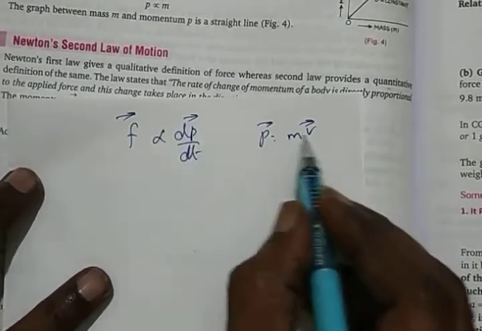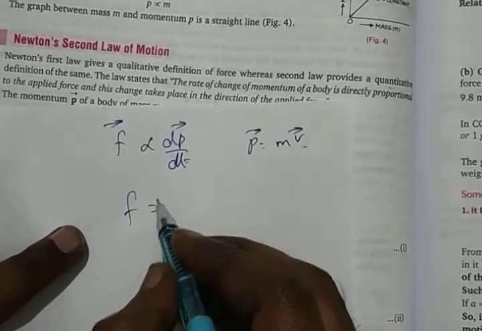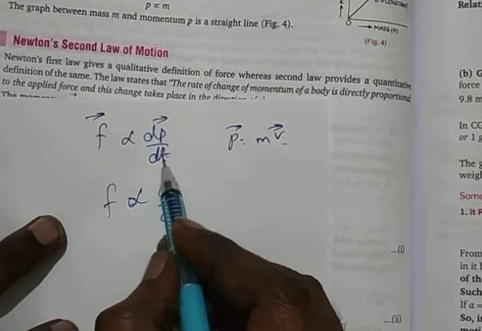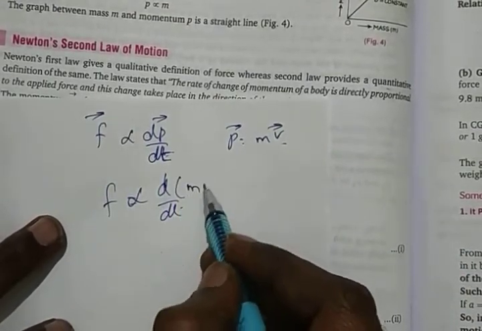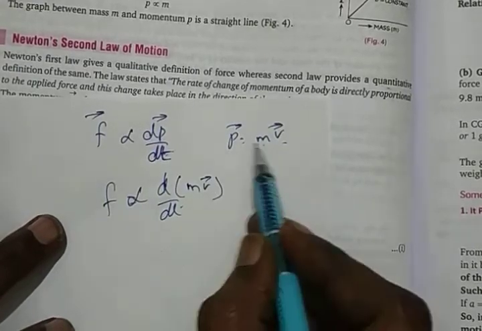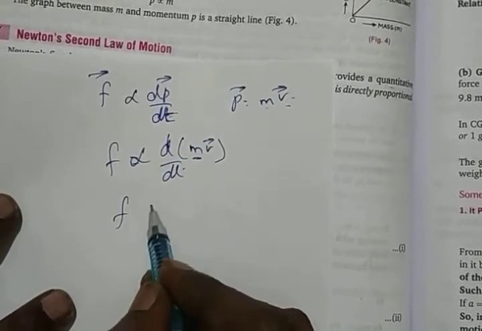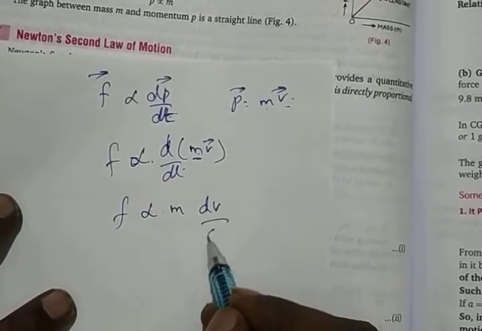Change this momentum and put m into v. So force is equal to, maybe you can put direction itself, d by dt of, now look at this one, differentiation comes here. Differentiation is something which is constantly going on every place. Mass into velocity, momentum is taken over and then put here. Mass is a constant, so F is proportional to mass, which will come outside of this, m into dv by dt.